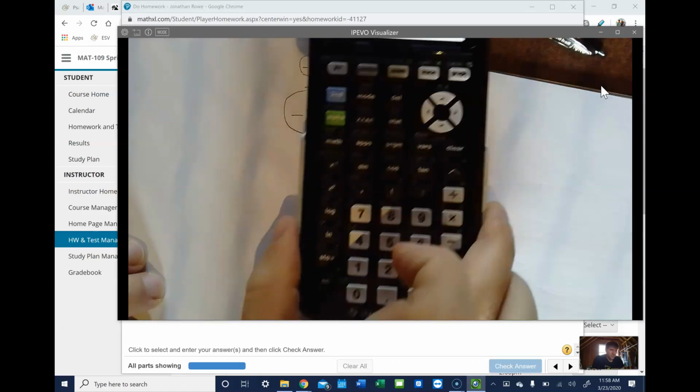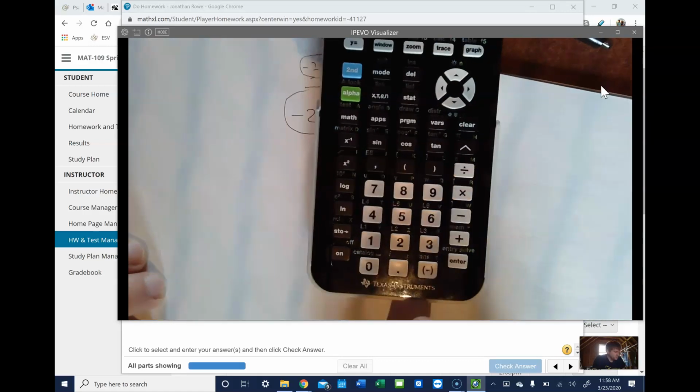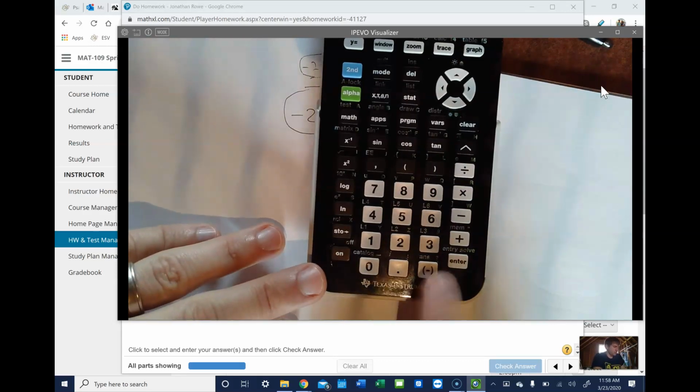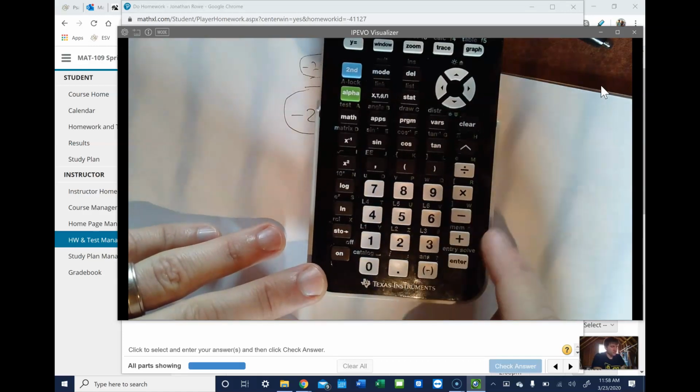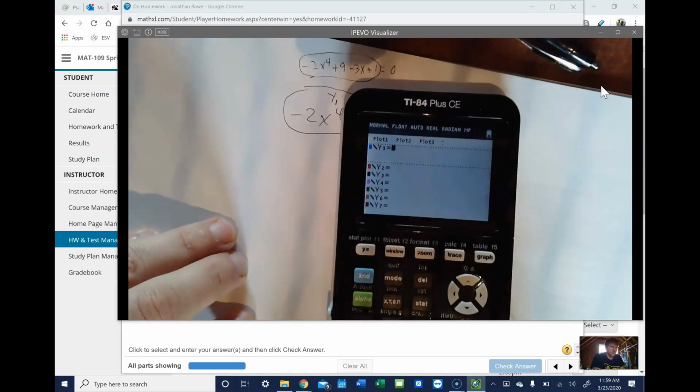One thing that makes a lot of students mess up on these calculators. This is the minus sign, whereas this is the negative sign, the negative button. If you need to put in a negative number, don't use the minus. Use the negative. If you're hitting subtract, then use the minus. So a lot of students mess up on that.